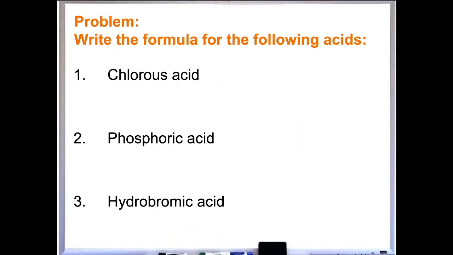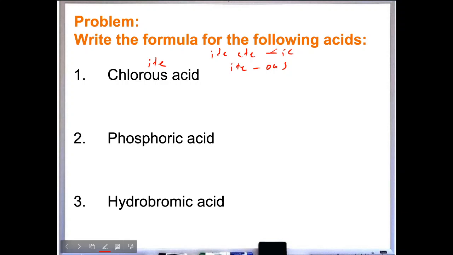Okay, so the next one. Give these a try. Now we have the name, and they want us to give them the formula. The first one, I have chlorous acid. So remember, ide to hydro-ic, ate to ic, ite to ous. So ous would be chlorite.